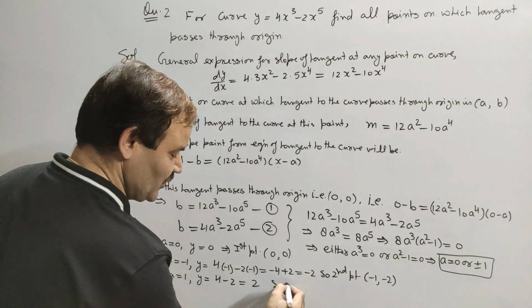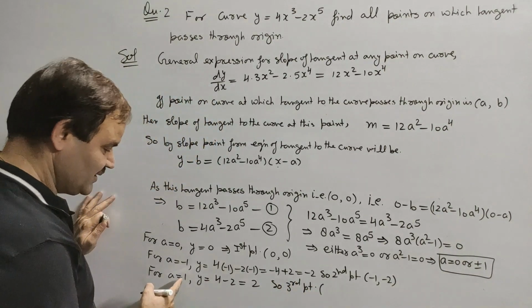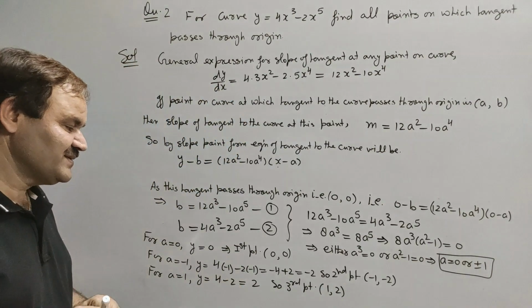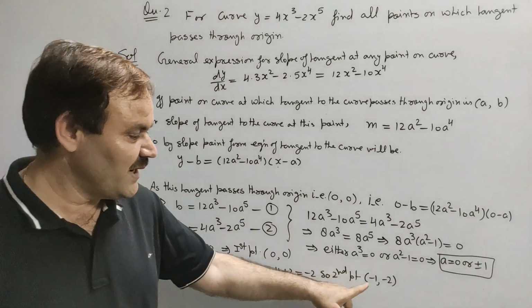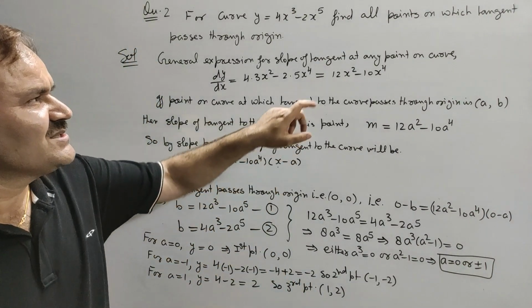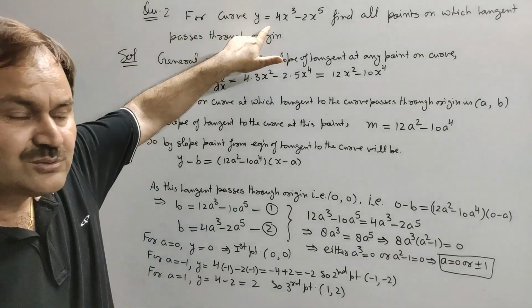So third point will be 1, 2. It means there will be 3 possible points: 0, 0; minus 1, minus 2; and 1, 2, at which tangent to this curve will pass through the origin.